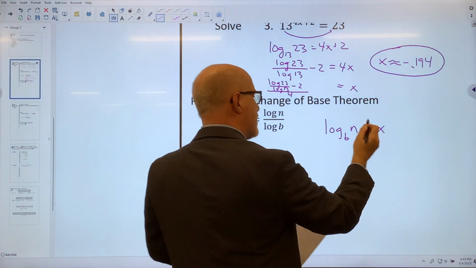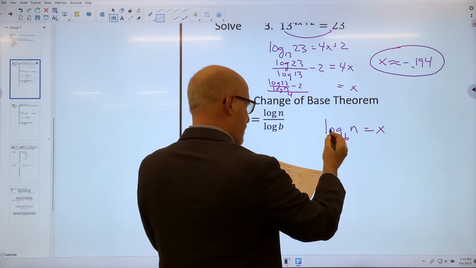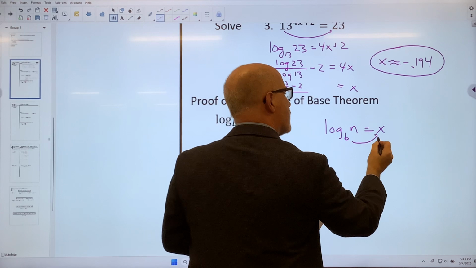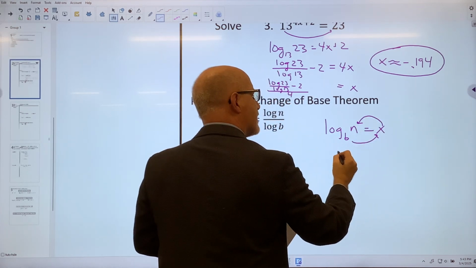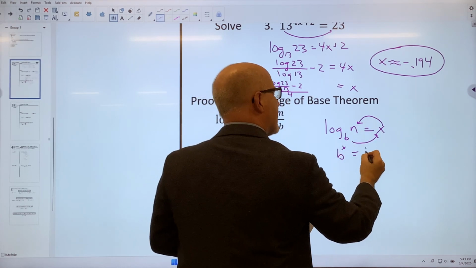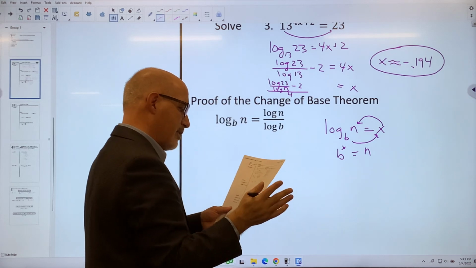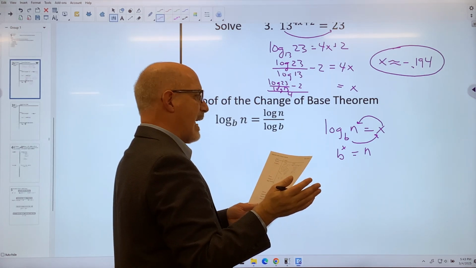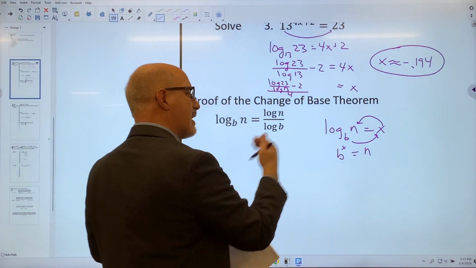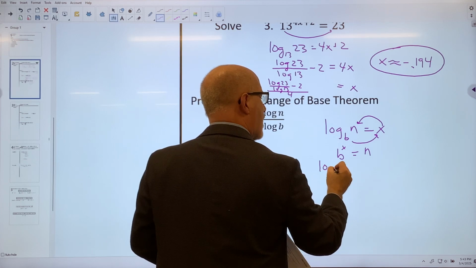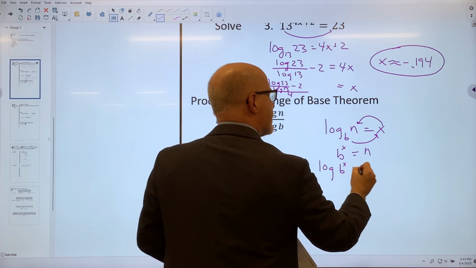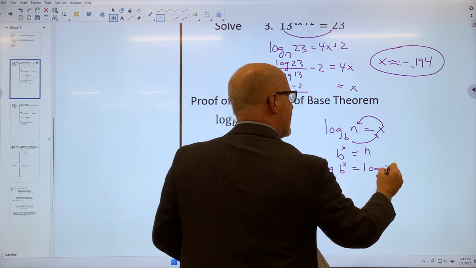I'm going to change it into an exponential here. So I'm going to go ahead and do my circle tour and get b to the x is equal to n. Okay, now what I want to do, in order to get that x out of the exponent, I'm going to take the log of both sides. So log of b to the x is equal to log of n.